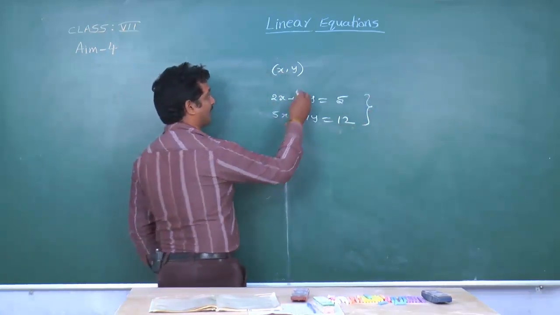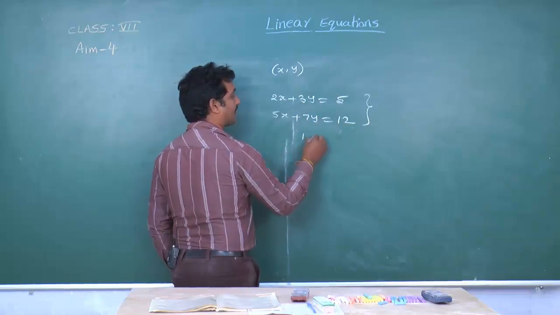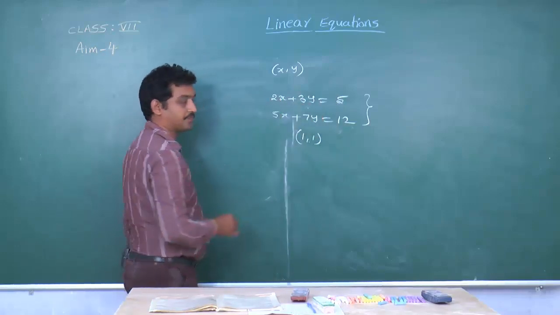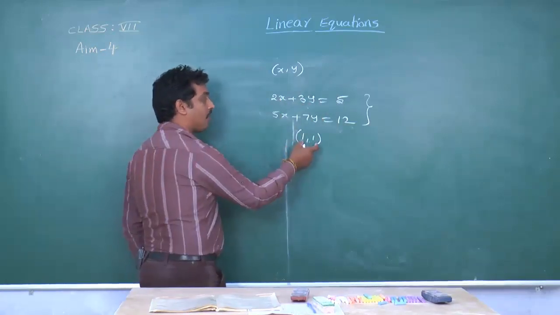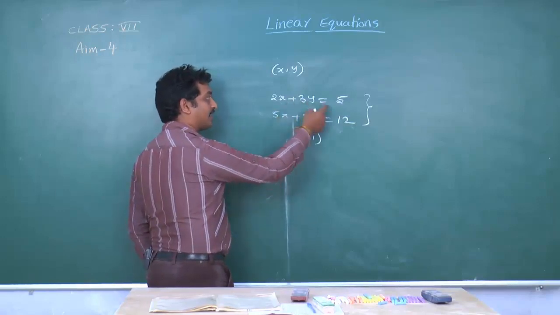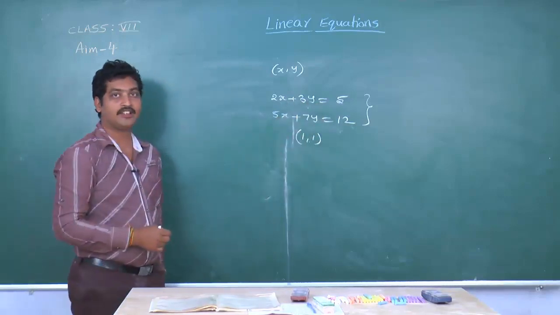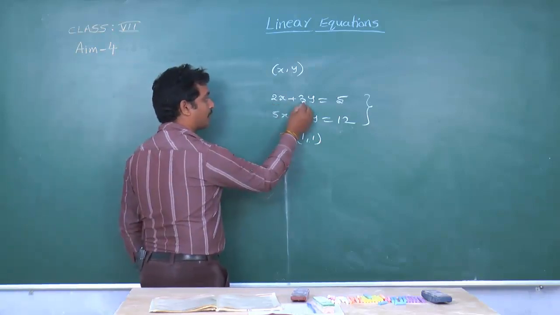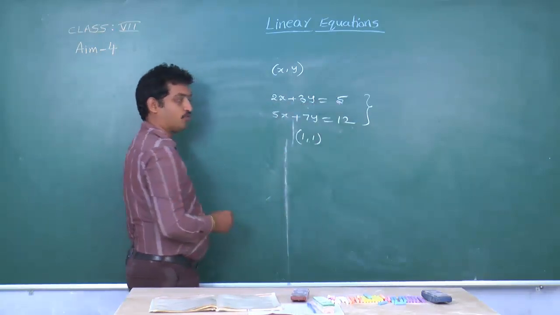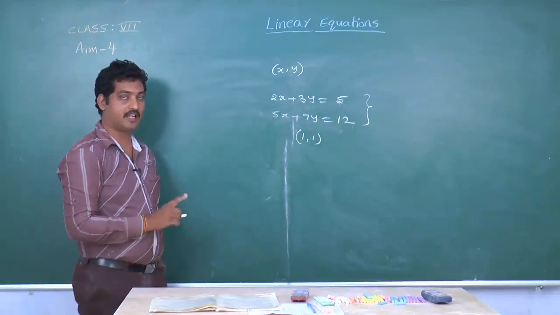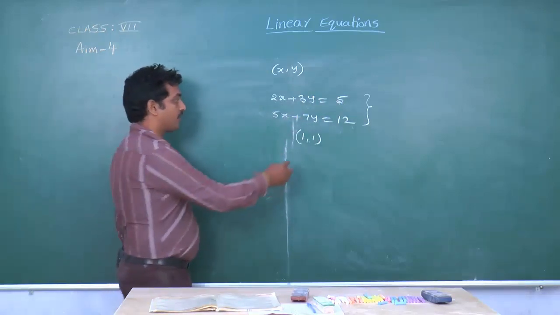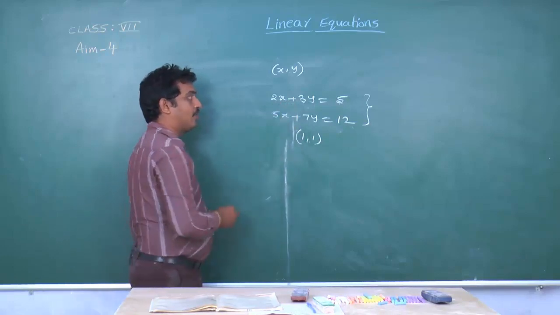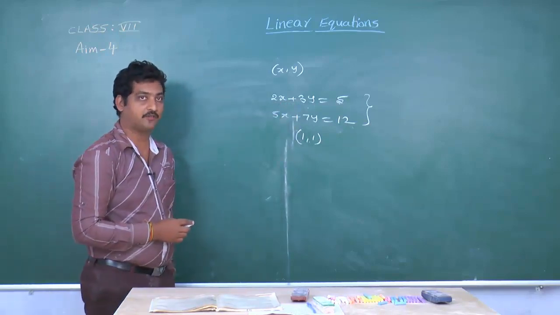To say (1, 1) is the solution of this system, this ordered pair (1, 1) should satisfy these two linear equations. Let us verify. 2 into 1 plus 3 into 1 is equal to 5. 2 plus 3 is equal to 5. LHS is equal to RHS. Therefore, (1, 1) is the solution for 2x plus 3y is equal to 5.